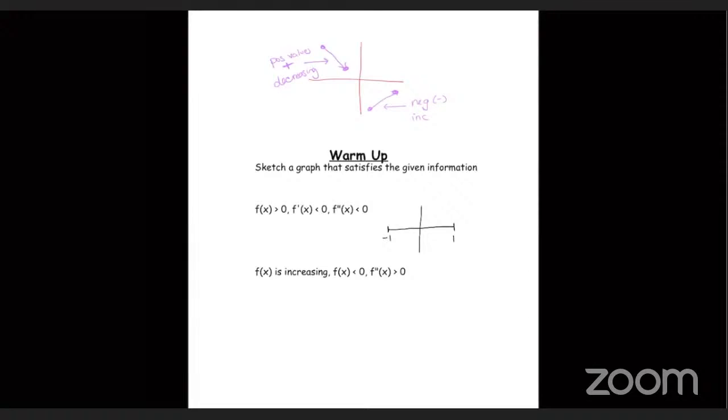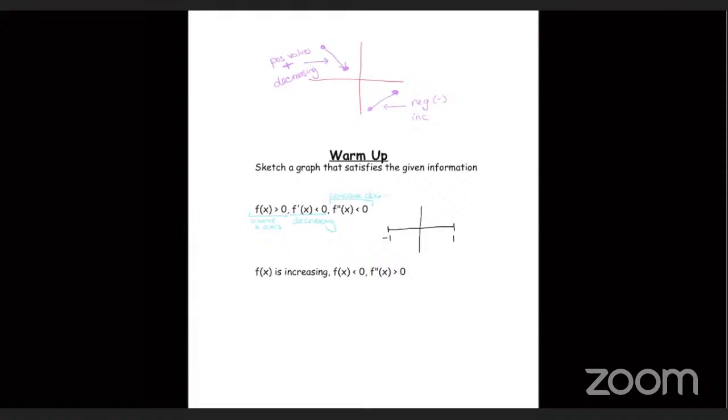So given a piece of information that f of x is greater than 0, and we are drawing f of x, that means the entire function needs to be above the x-axis because it is all positive values. If the first derivative is negative, that means that from -1 to 1, our function is decreasing. And if our second derivative is negative, that means that it is concave down.